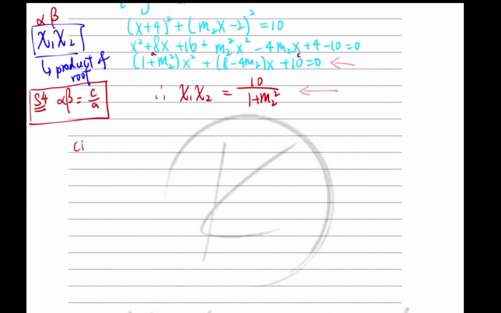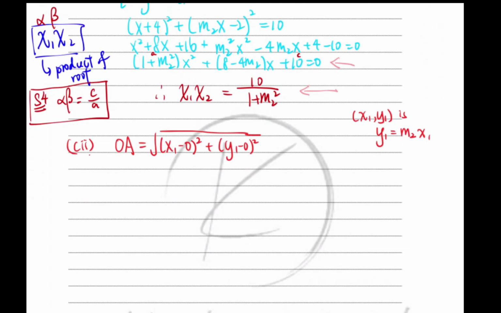So C2, we know that OA is actually equal to the distance formula. By using the distance formula, we get the square root of x1 minus 0 all square plus y1 minus 0 all square. But actually, we know that y1 equals to m2 x1, right? Because x1 and y1 is on L2.